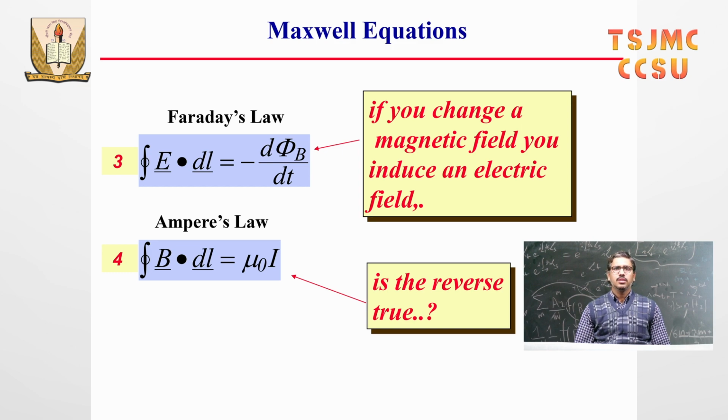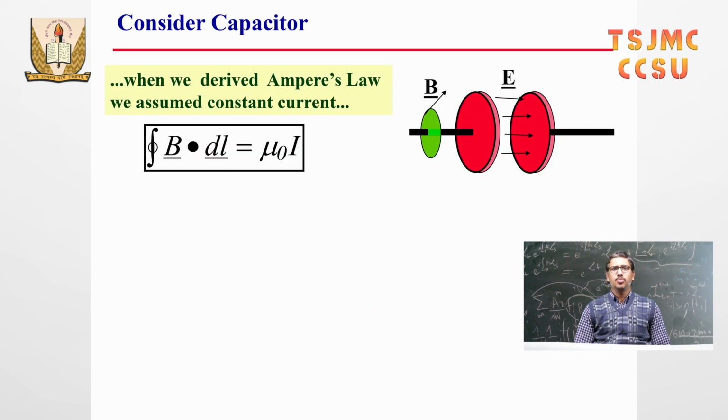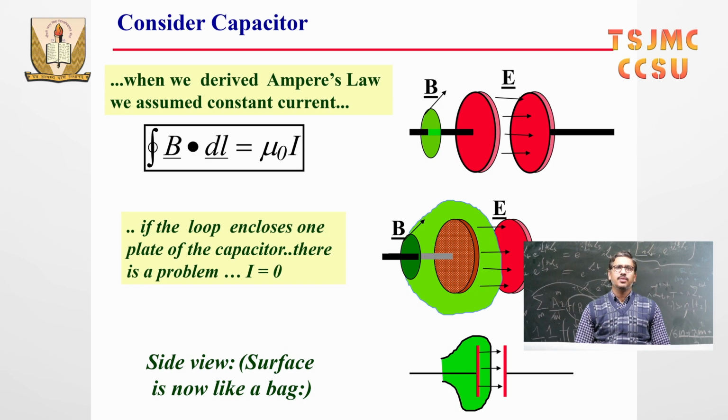Suppose we are considering a capacitor, and we make a loop here in the slide, the green loop. If a current is passing through a conductor, you can calculate the magnetic field B from Ampere's law, integration B dot dl equal to mu 0 I, where I is the total current. But instead of this type of Gaussian surface, if we consider a backside surface like this, where the loop encloses the plate of the capacitor, there is a problem.